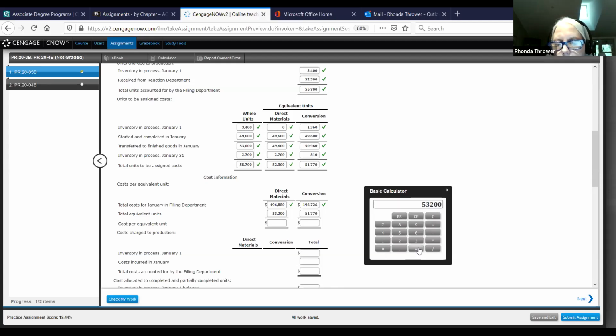And that will give you the materials cost per equivalent unit. And I see that I did something wrong here, class. You see that 53,200 should be 52,300. I had a transposition error here, so that's going to make this amount wrong. So let me fix that. 52,300 should go there.